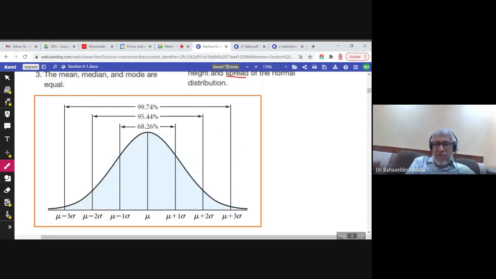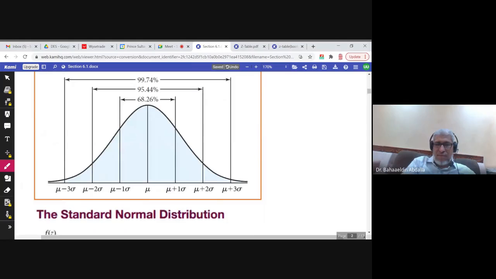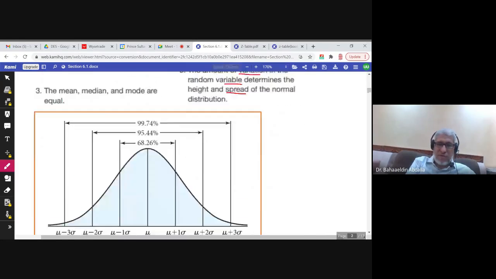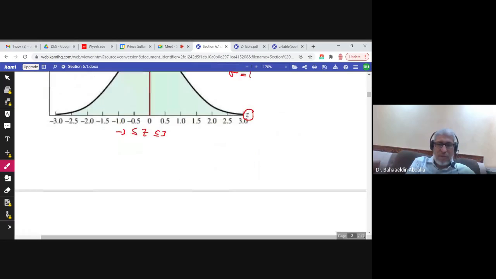As you remember also, in any normal distribution we have these percentages, 68%, 0.26 in the first interval, and so on.